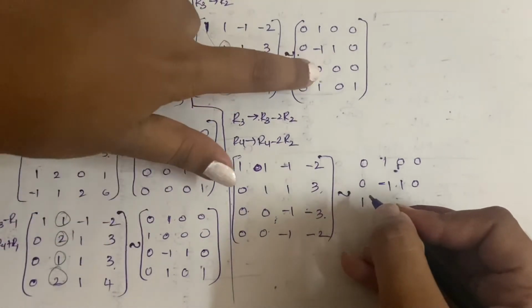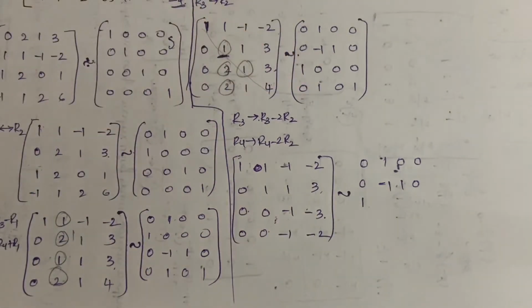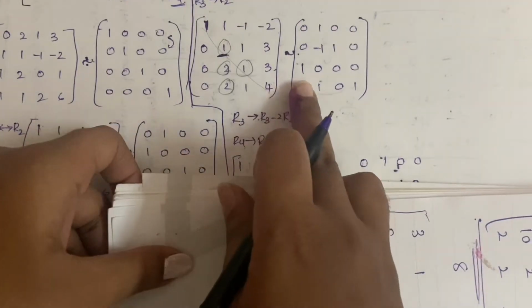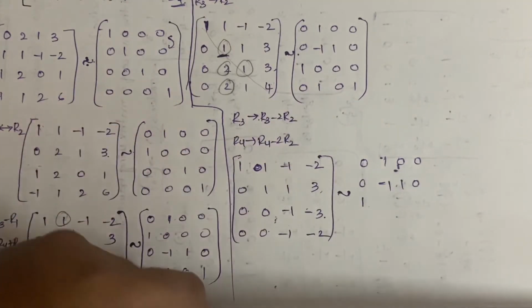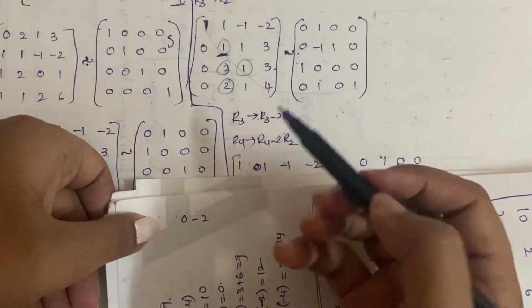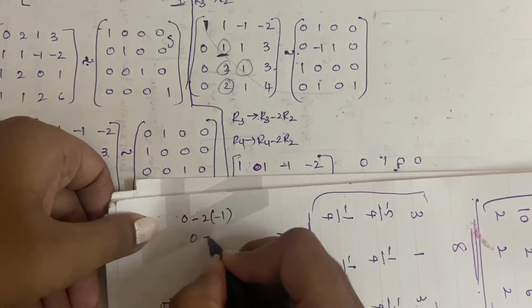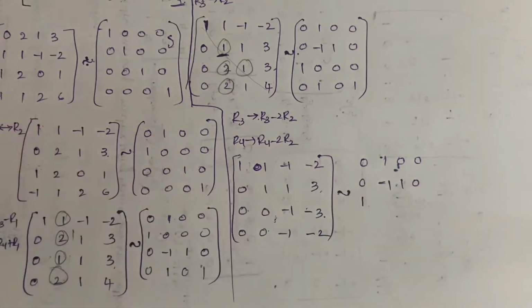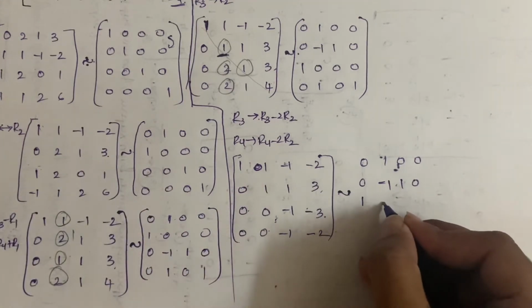Next, R3 is 0, minus 2 into R2 which is minus 1. 0 minus of minus is plus, right? So plus 2 you will get.